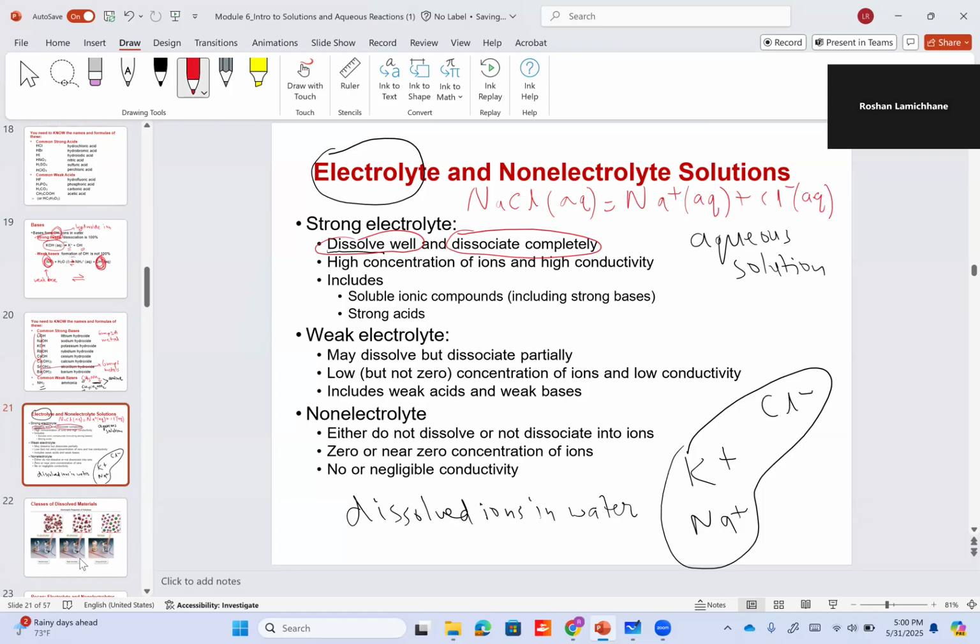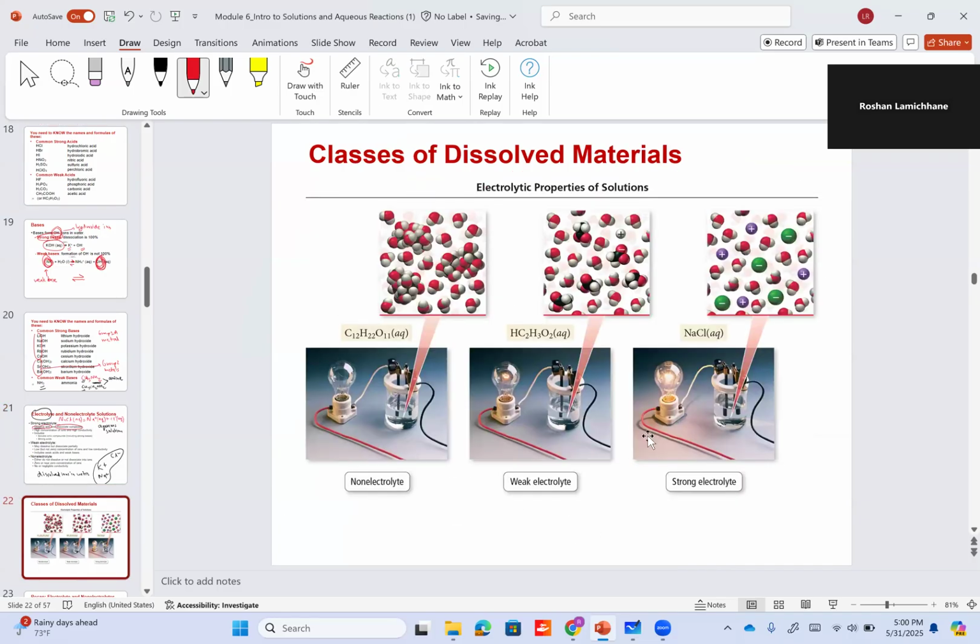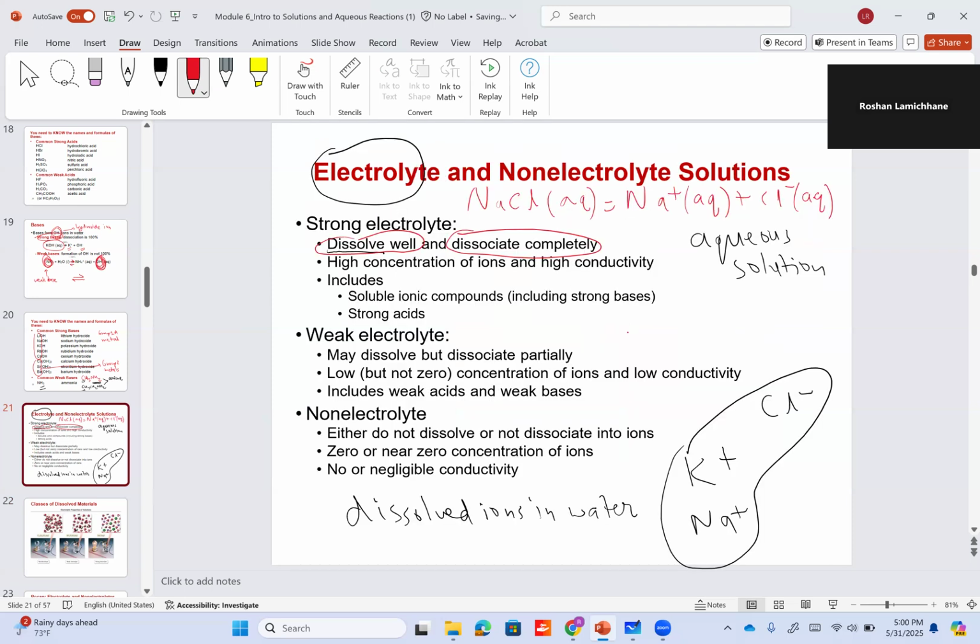When it lights up the bulb, that tells you it conducts electric current, via the flow of electrons through the wire, and that is when the bulb lights up.